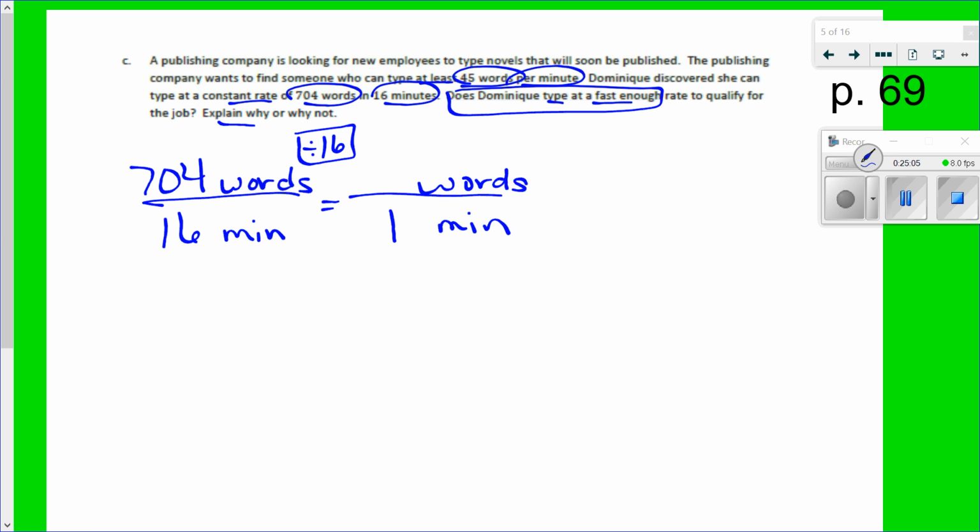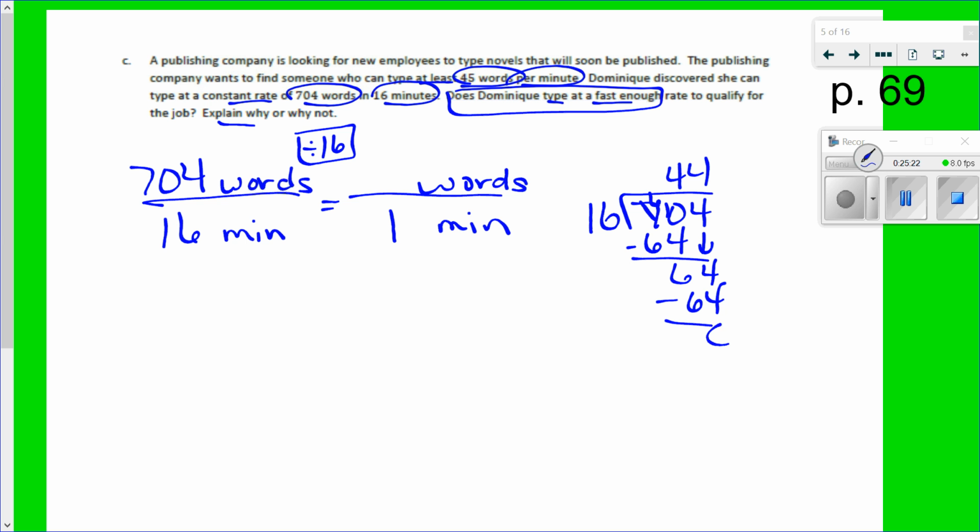So all I'm doing is taking my 704, dividing by 16. That's going to go 4 times, 64. Gives us a 6. Bring down the 4. We just did that. 64. So she does 44 words per minute. Is she fast enough? Nope.